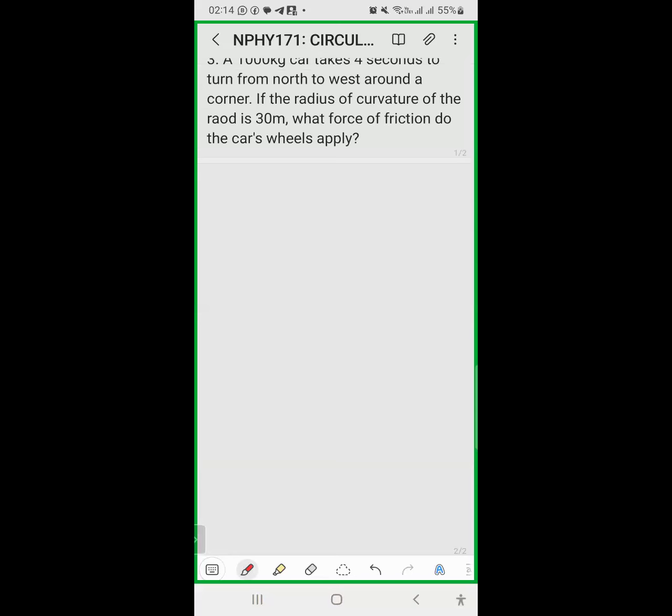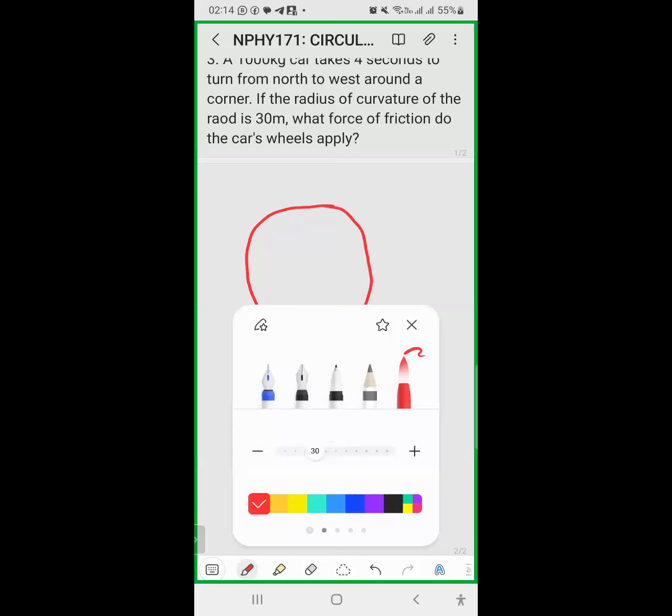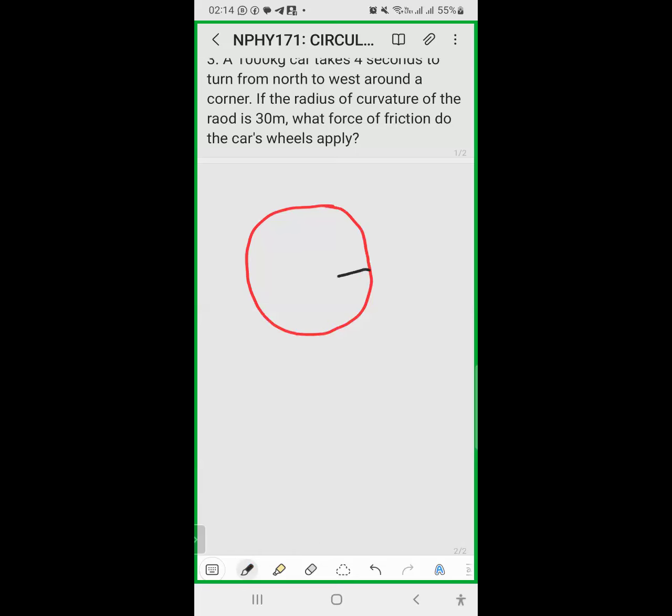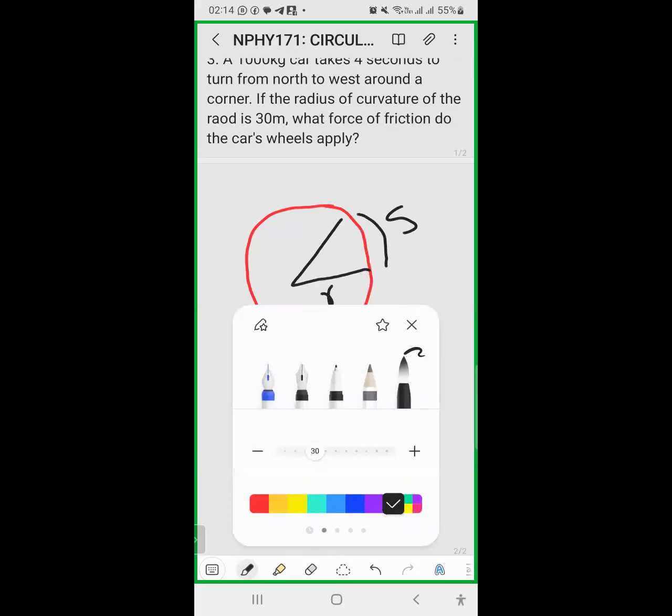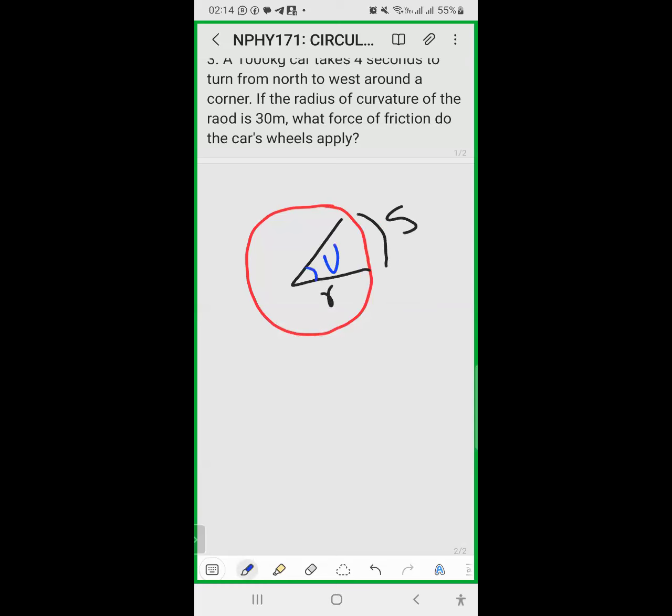In a practical sense, if you have a particle moving in a circular path, and this particle moves an arc distance s, and this is our radius, then this will be our angle theta.